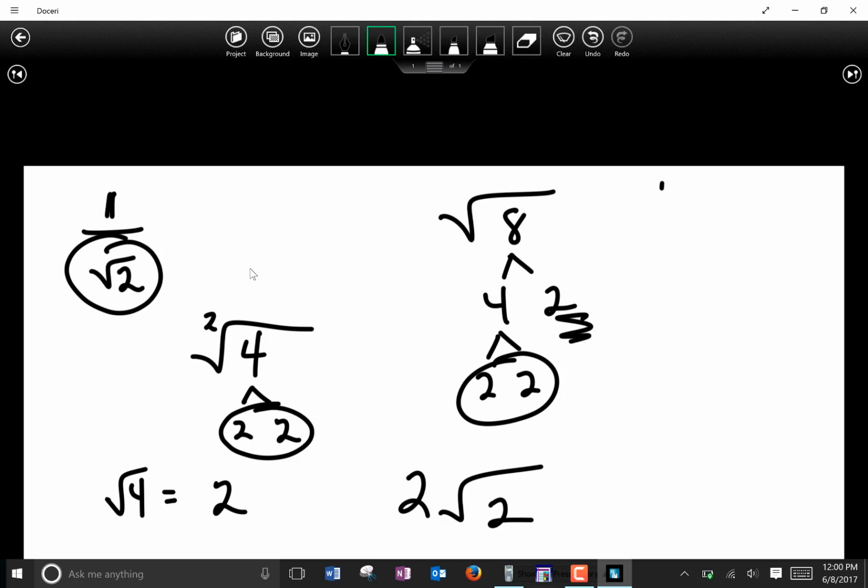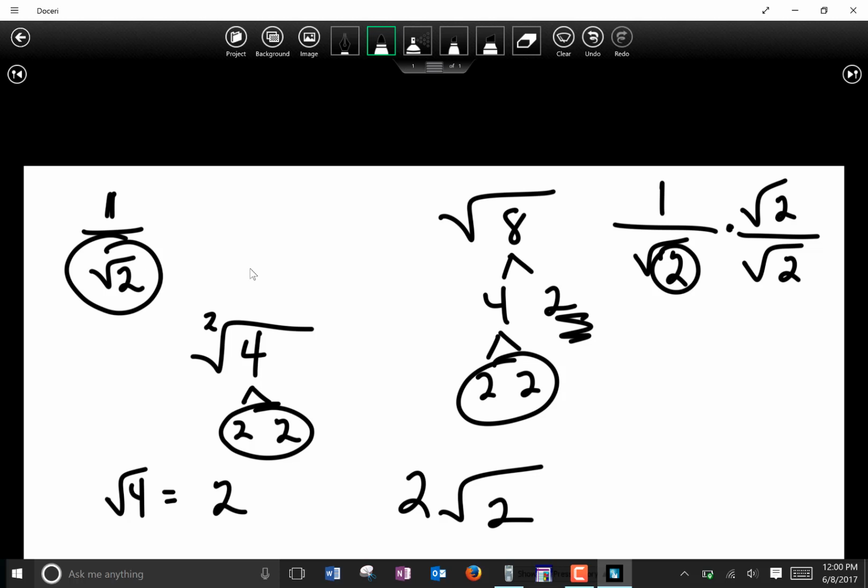Since we can't have square roots in the denominator, since the square root has that invisible 2 on it, I need 2 of something to get it to come out. So if I were to take this 2, if I had another one, it would come out from underneath the radical. So anytime you multiply by a number over itself, that is 1.